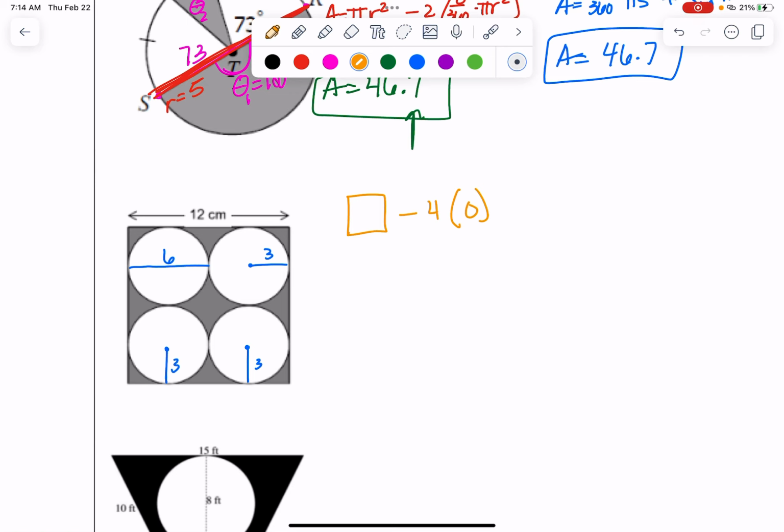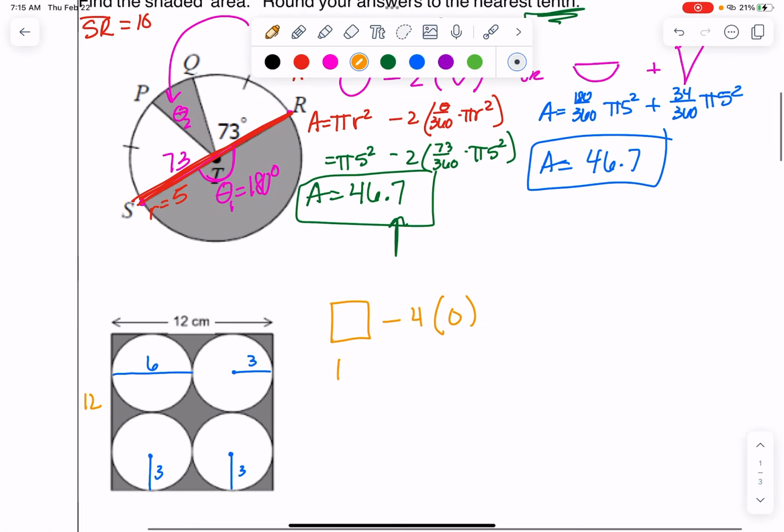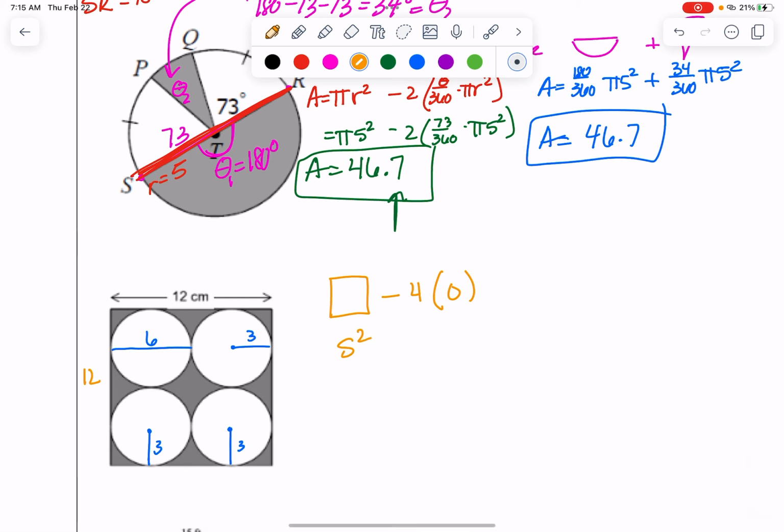So if this is a square and this is 12, then this is 12 squared minus 4 times, let me erase that and do the formulas first. This is side squared minus 4 times pi r squared.